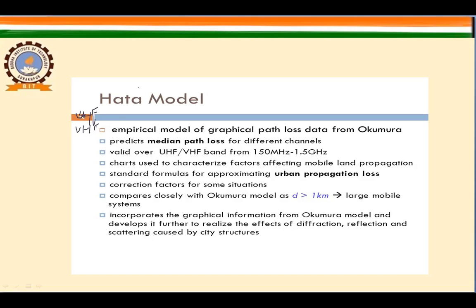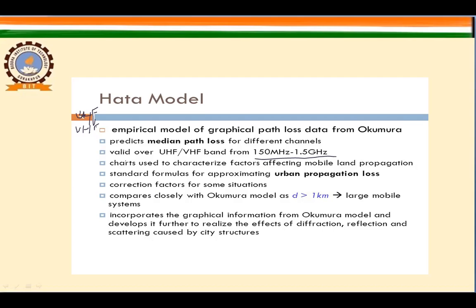Under this, it covers the range 150 megahertz to 1.5 gigahertz, which is only valid under the ultra high frequency and very high frequency band.